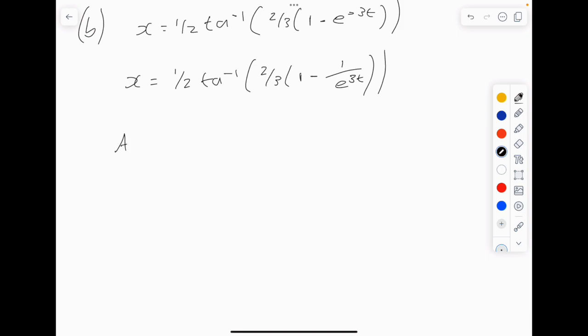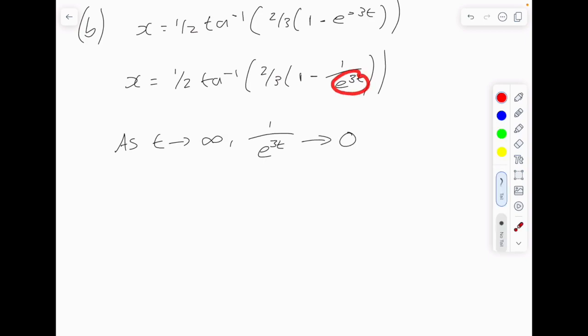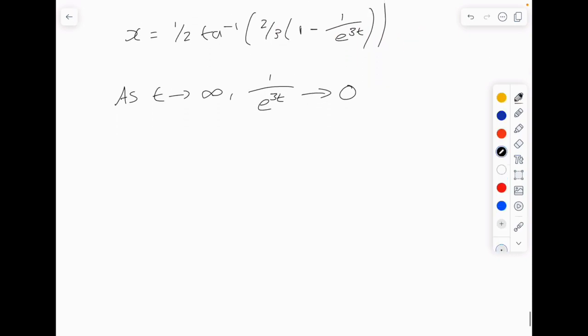So as t goes towards infinity, guys, I know that 1 over e to the 3t tends towards 0. Why? Because this gets bigger and bigger, so therefore the whole thing gets smaller and smaller. So therefore, I can say that x is going to tend towards a half of arctan 2 over 3.